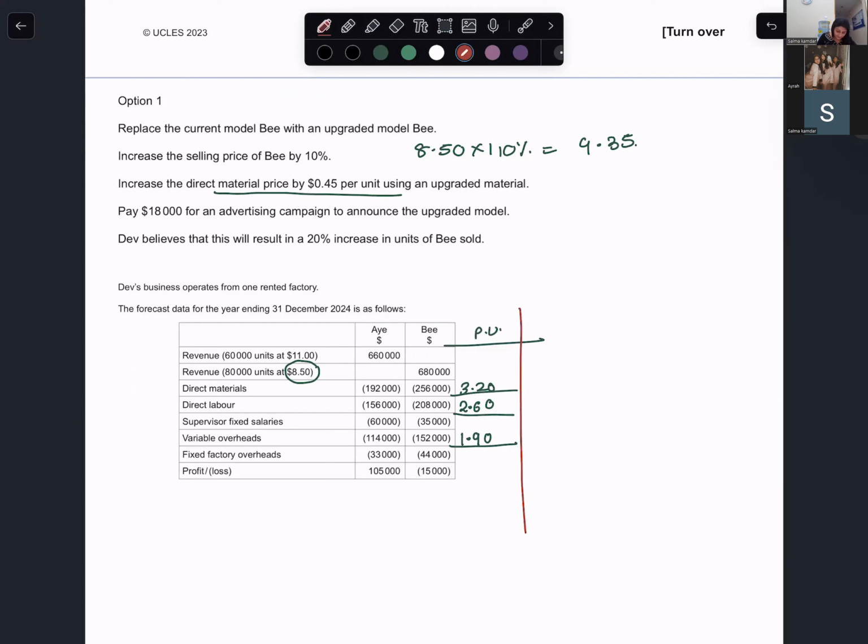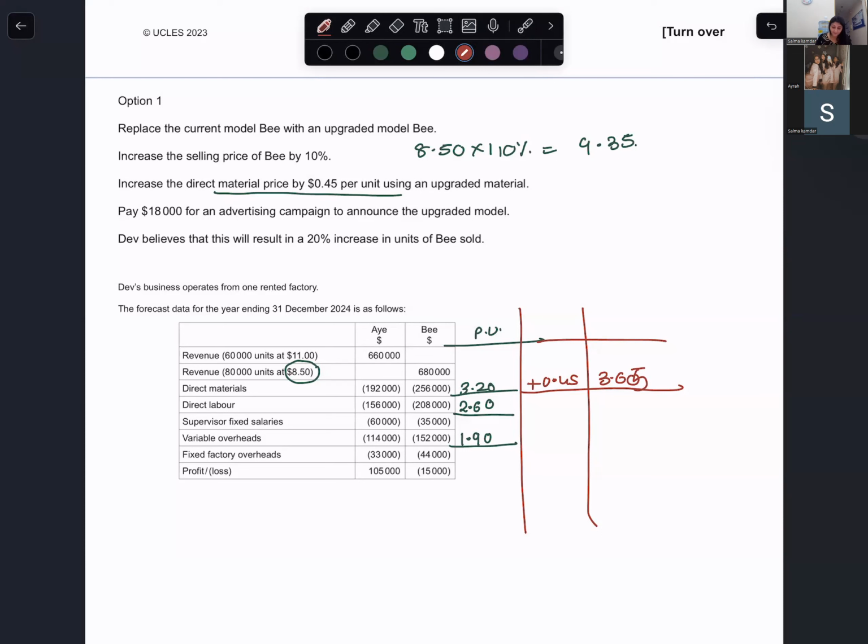To increase it by 0.45. So 3.20 plus 0.45, so it's 3.65.